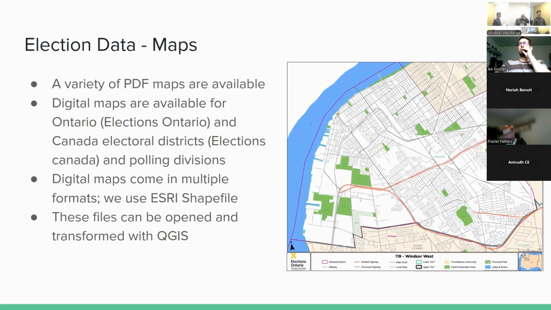QGIS.org is where you'll find the website and the downloads. I believe there's also GDB, which is another Esri format, geodatabases. There's also some form of KML that you could use if you were going to be imposing riding and poll boundaries onto Google Maps. But I use shapefiles partly because it's the format I'm familiar with, but also they work really well. So that's what I'll be demoing tonight.